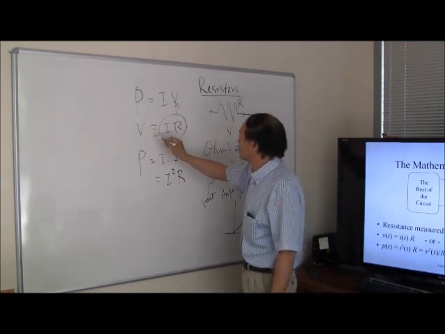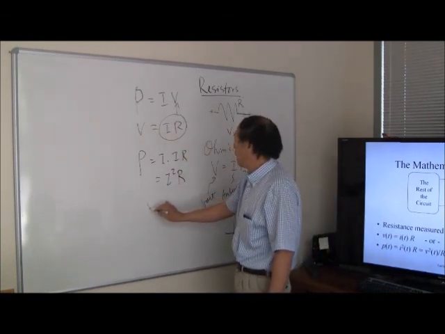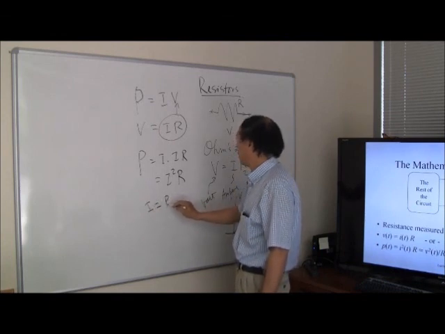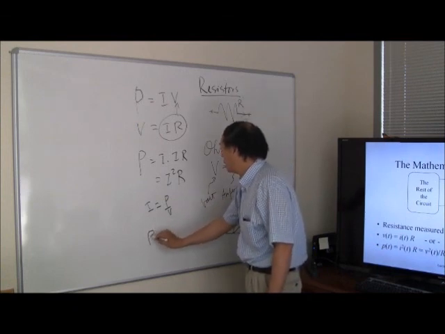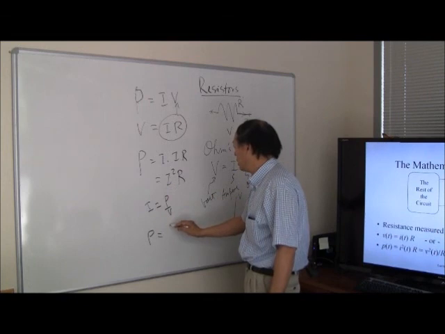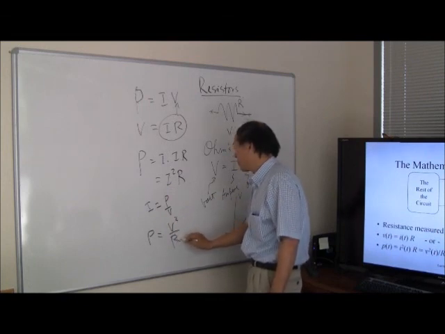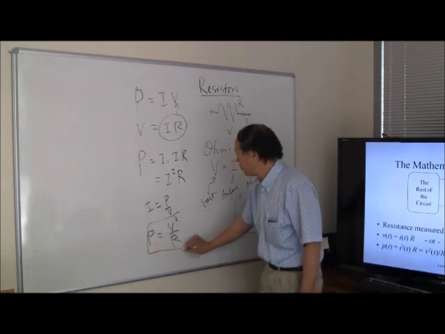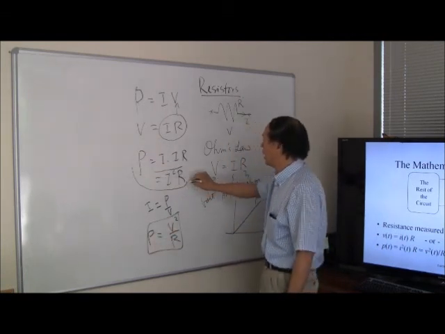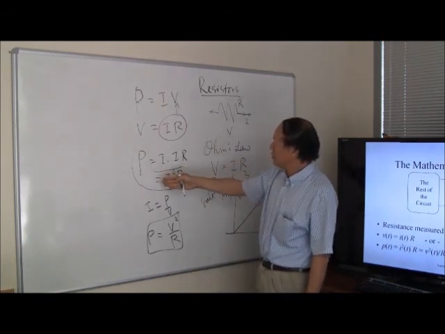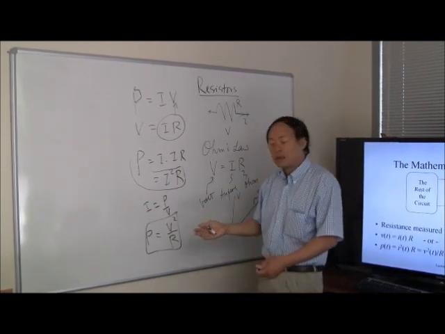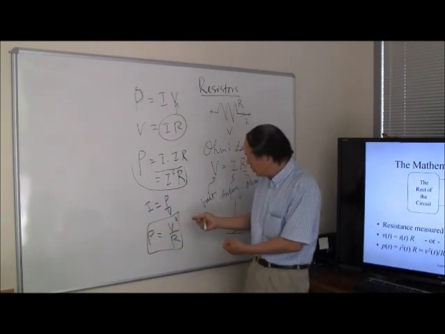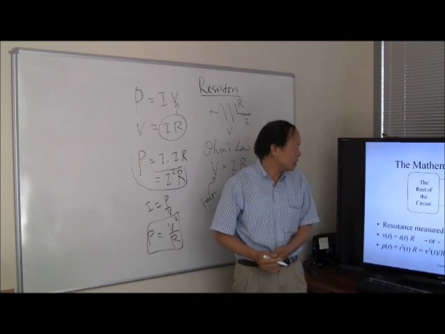Or, on the other hand, if you make the substitution of I equal to V over R, in this case you can also obtain the relationship of power not equal to I squared R, but measured in terms of V squared over R. So you can either take this form or this form, P equal to I squared R, to derive for a given R what the power is for a given current, and you can pick two and solve from this equation the quantity that you want to find.